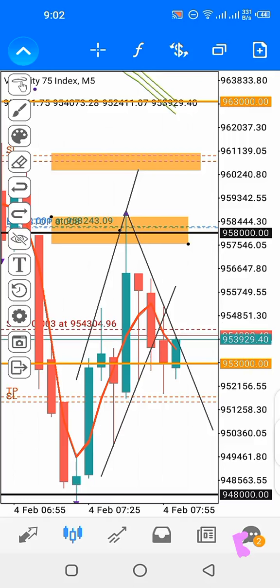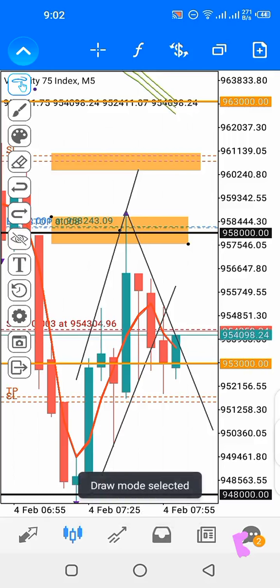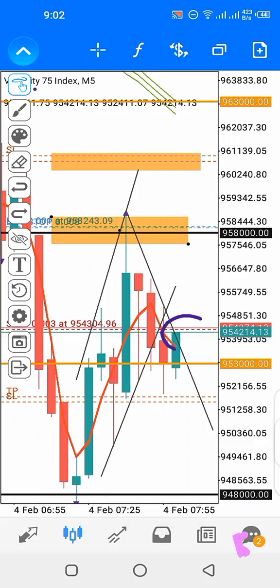Right now, price is trying to break above our descending trend line. You can see the buyers showing some level of strength, trying to break our descending trend line.